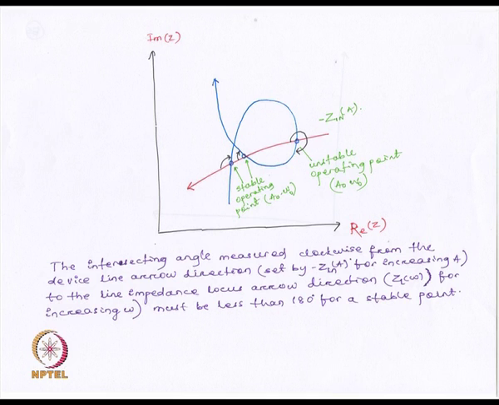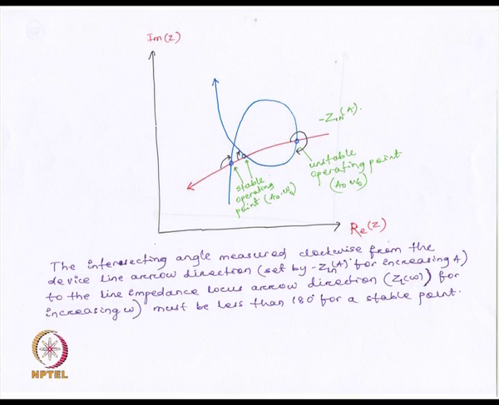Now graphically, this is shown here. This blue graph is a plot of ZL. This plane is the Z plane, that is the y-axis is the imaginary value of Z and the x-axis is the real value of Z. This blue curve represents the variation of ZL with frequency, and this red curve represents the variation of minus Z in with amplitude.